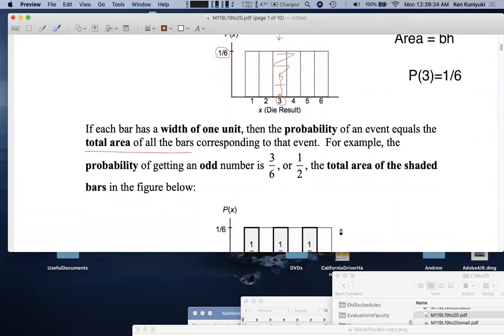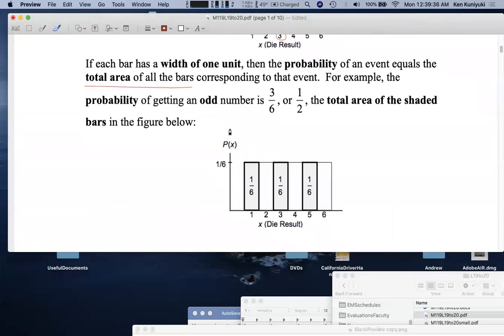So for example, what's the probability of getting an odd number? Well, what are the odd numbers? The odd numbers on a die are 1, 3, and 5. The corresponding probabilities or areas are 1/6, 1/6, and 1/6.